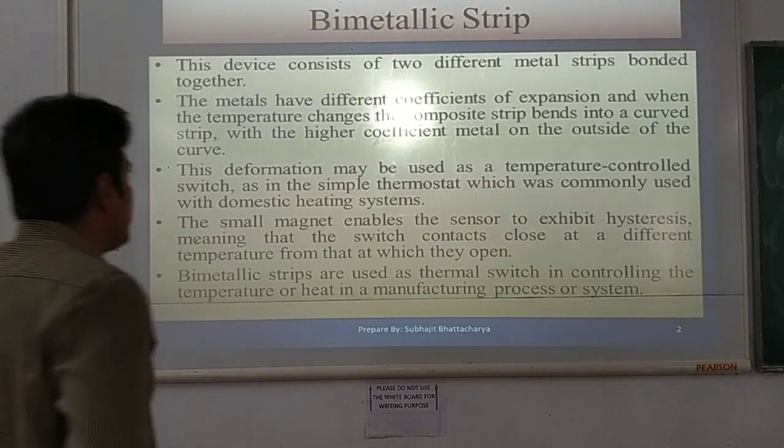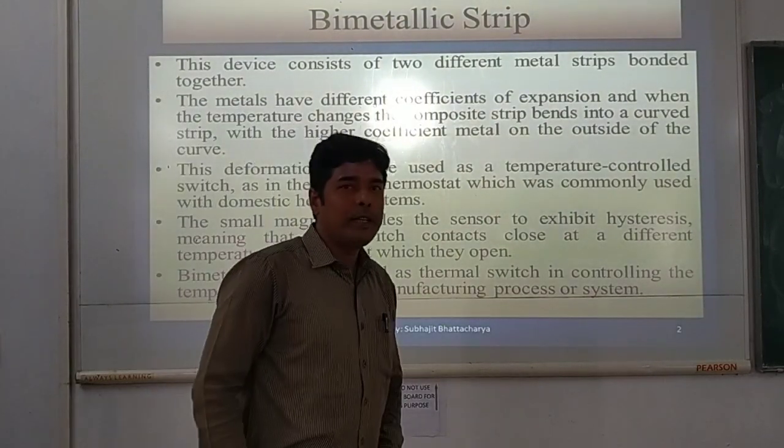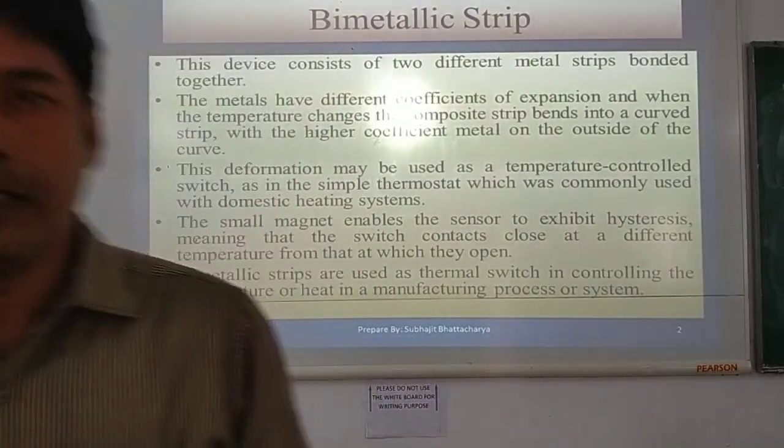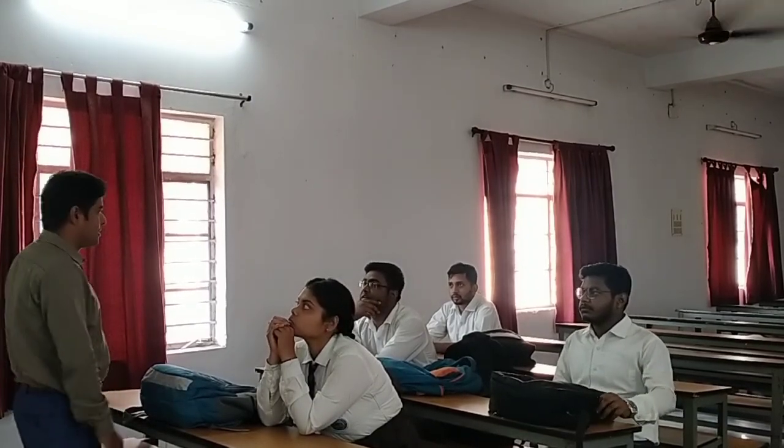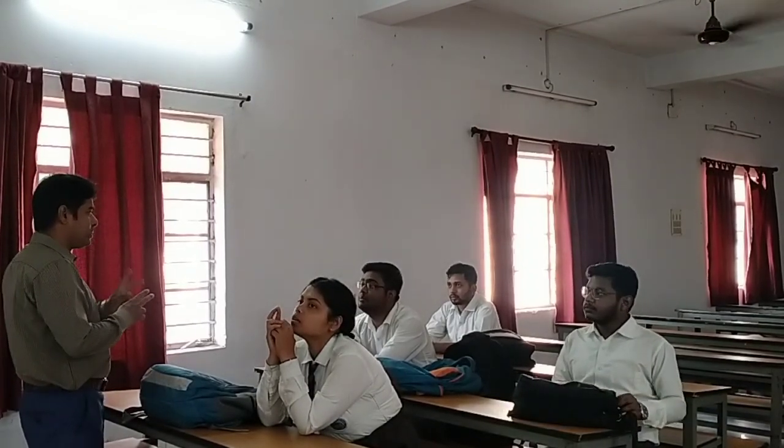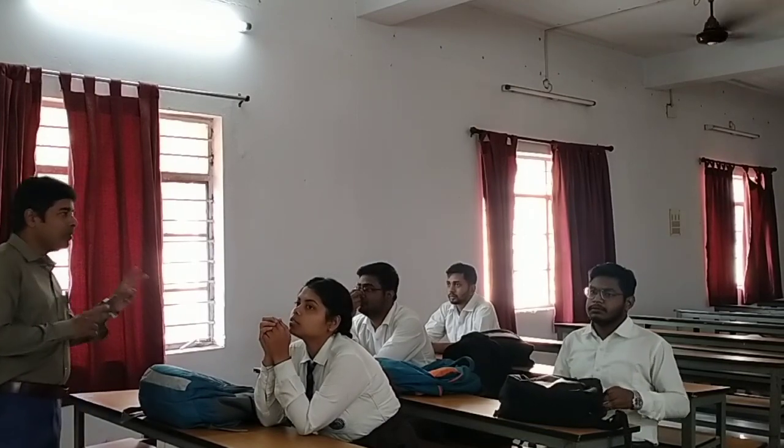So many of you know what is a bimetallic strip. What is a bimetallic strip? Anybody? What is a bimetallic strip? What should be the properties of these two metallic strips?